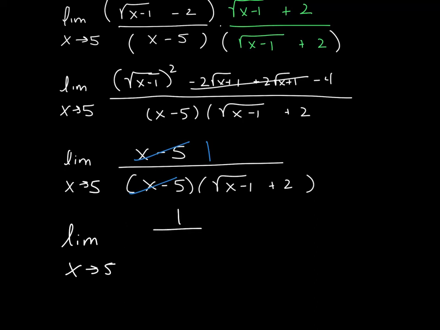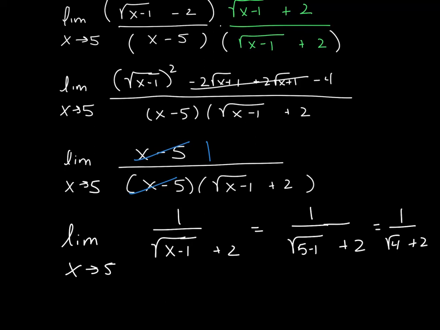I can use direct substitution for my x. And I am left with the fact that that is equal to 1 over the square root of 5 minus 1 plus 2, or 1 over the square root of 4 plus 2, or the square root of 4 is just equal to 2. So that gives me 1 over 4.